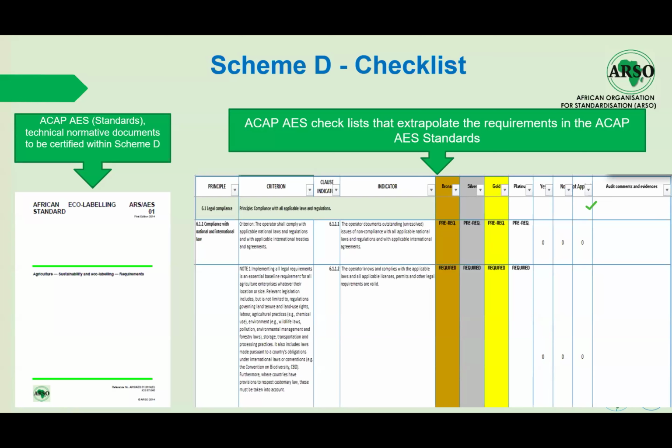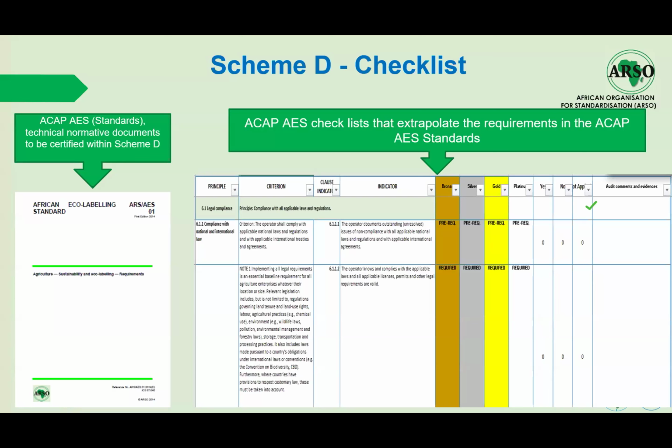And there is a set of checklists to facilitate the SMEs. We have produced a checklist where all the requirements are listed, where all the indicators are listed, and we have a drop down to see where you belong. If you are a bronze, my colleague will explain what is bronze, what is silver, what is gold, and what is platinum. These are levels that allow the farmer to mature progressively.